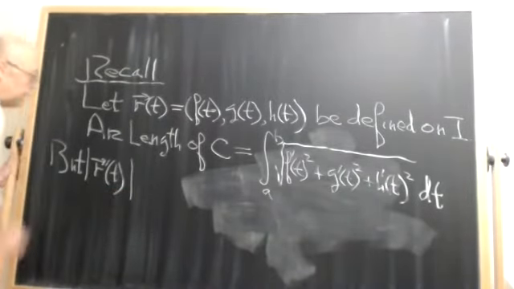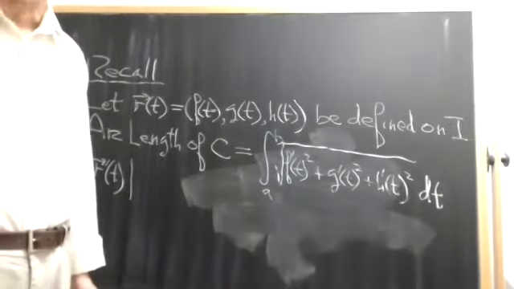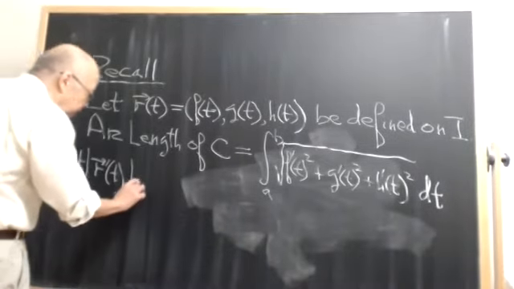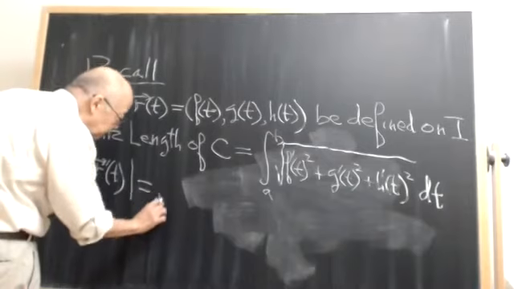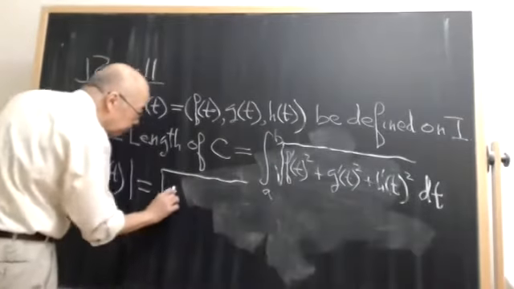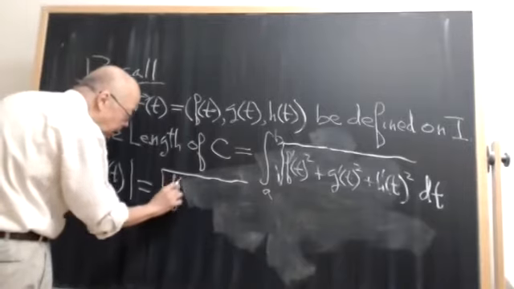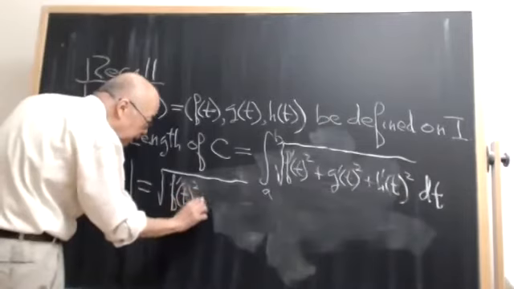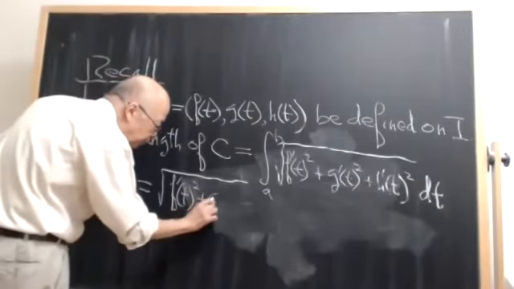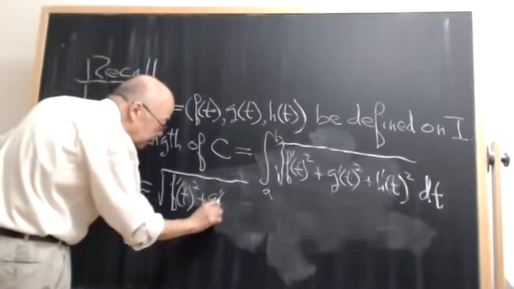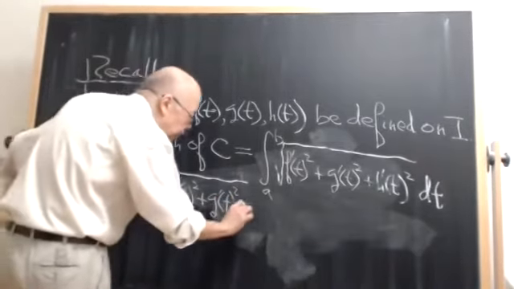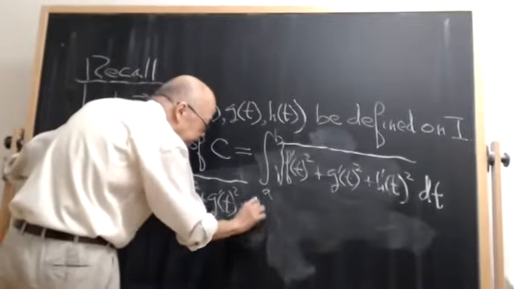So the magnitude or the length of the vector r prime t is equal to the square root of f prime t squared plus g prime t squared plus h prime t squared.